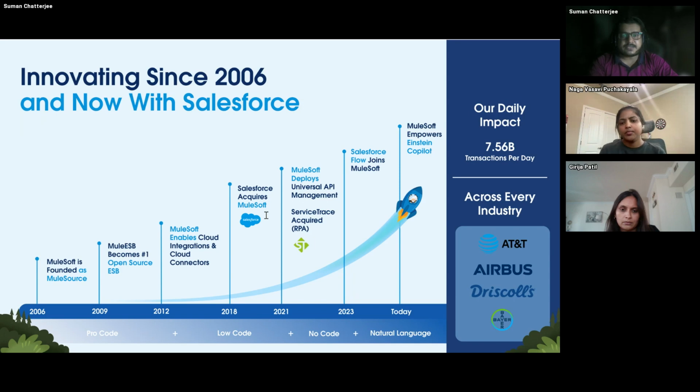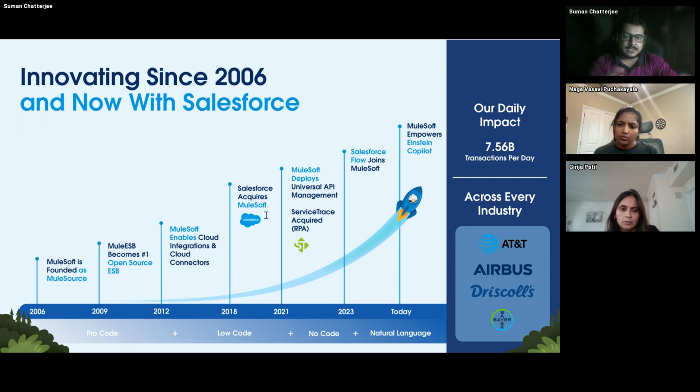Now, they started expanding their capabilities. MuleSoft also ventured into the areas of robotic process automation, and this actually triggered when they acquired the organization called Service Trace. Now, while they were acquiring this back in 2018, MuleSoft themselves got acquired by Salesforce.